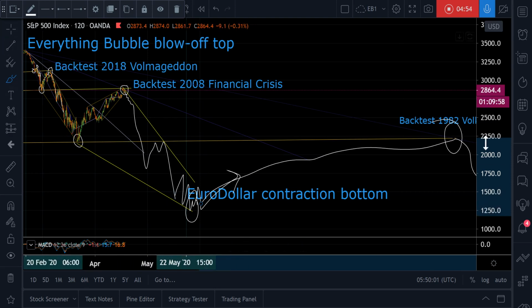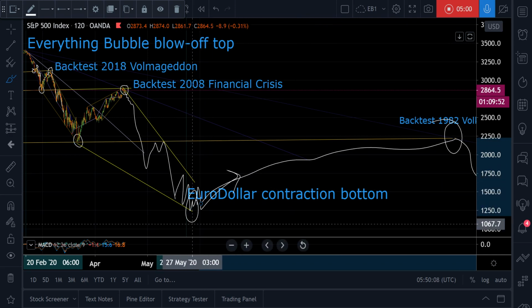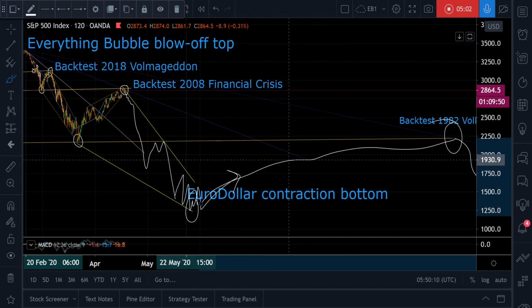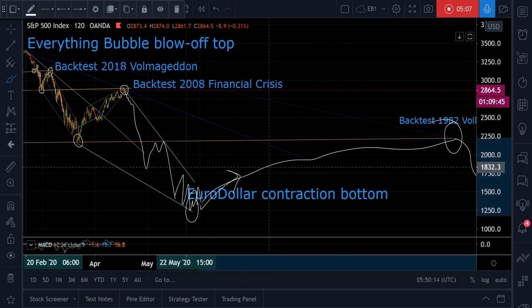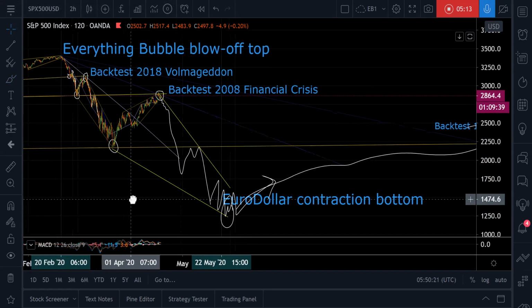I don't know what the next target would be after that, but we might see this kind of bull trap, and we are expecting a growth expansion cycle for 3 months after this credit contraction cycle anyway, so it could very well look like that, and then we'll worry about that later.